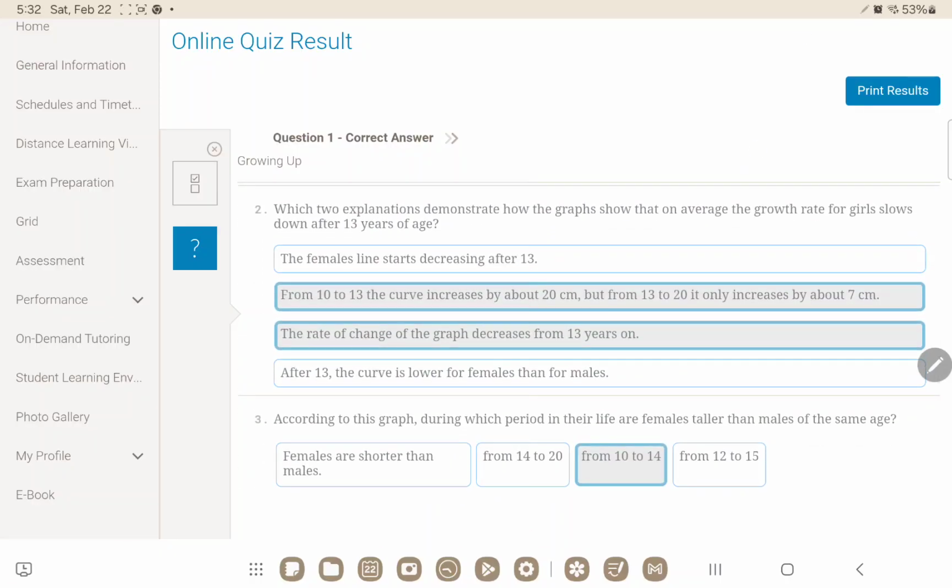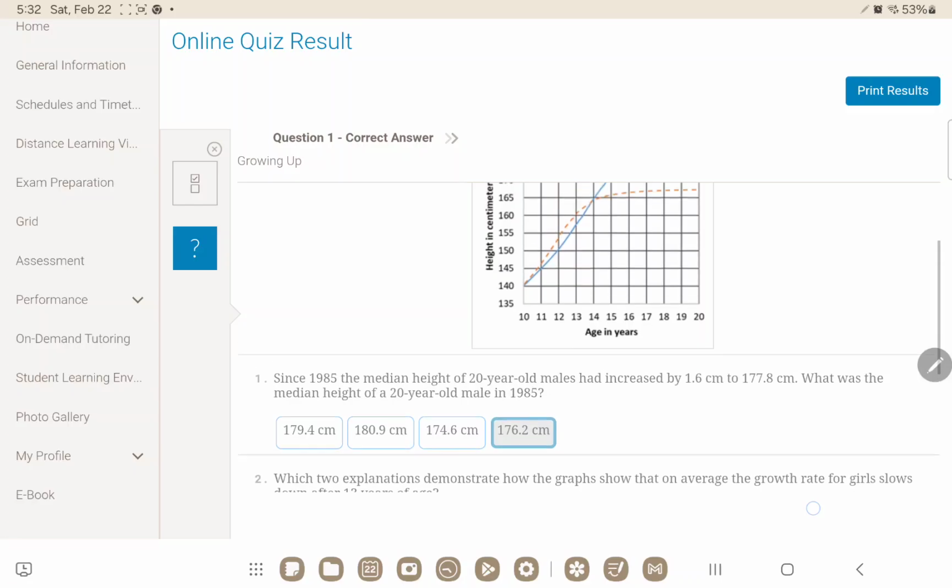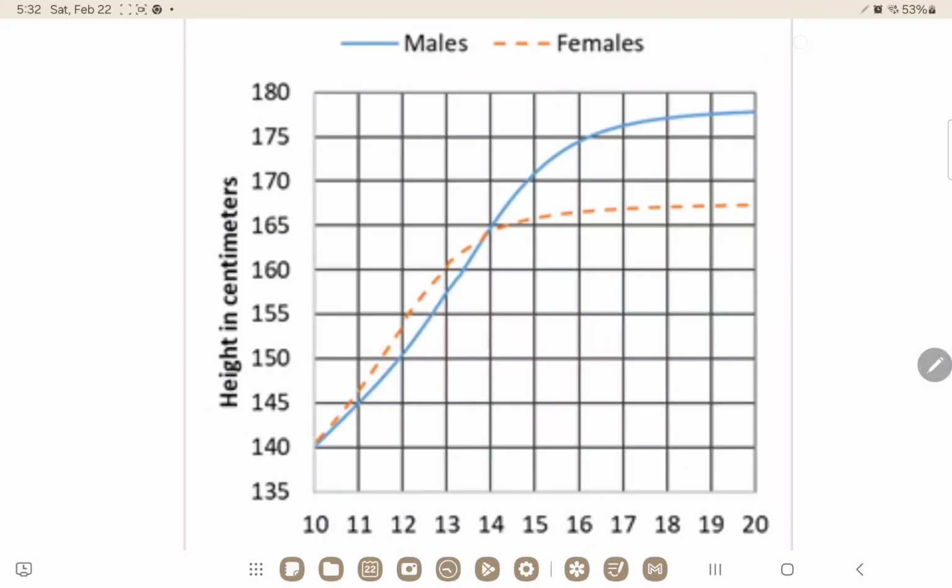Now, which two explanations demonstrate how the graphs show an average growth rate in girls slowing down after 13 years of age? When we look at the graph, you can tell from the ages 10 to about 14, they went from being 140 to 165 almost. So that is almost a 20 centimeter increase.